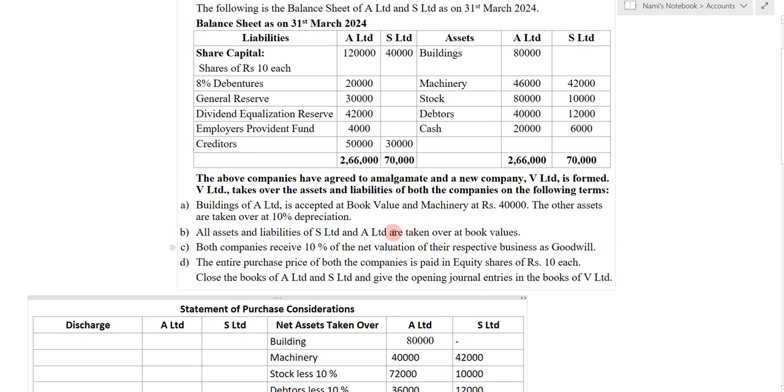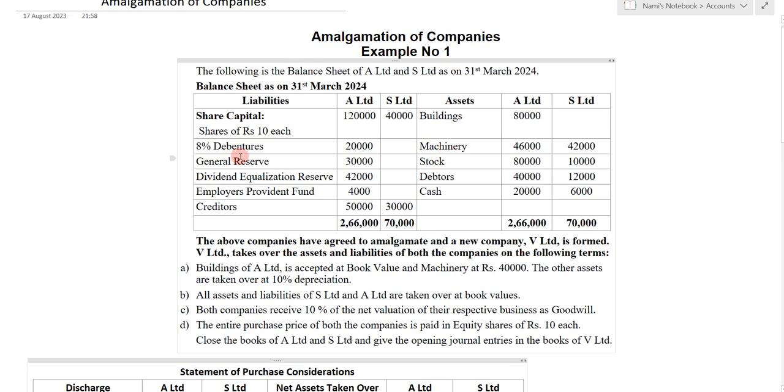So in the liabilities we cannot take share capital, debentures, general reserve, dividend equalization reserve, which are the reserves that will go in the equity shareholders account. So remaining liabilities are 8% debentures, employee provident fund, and creditors.